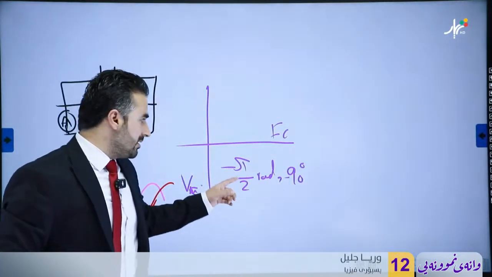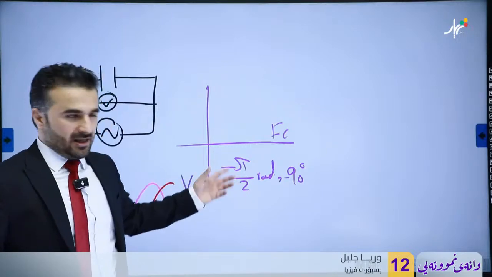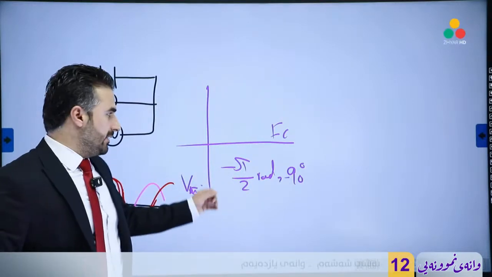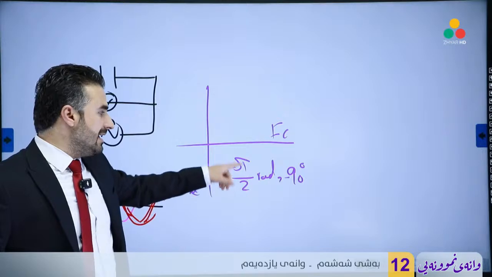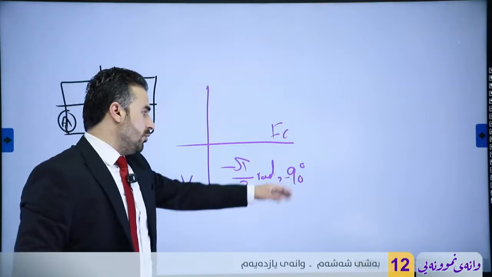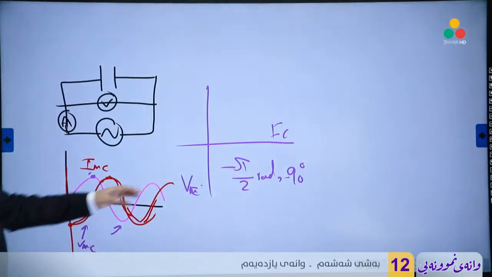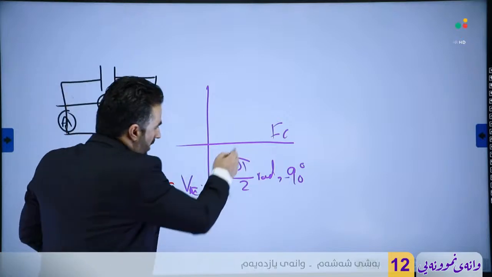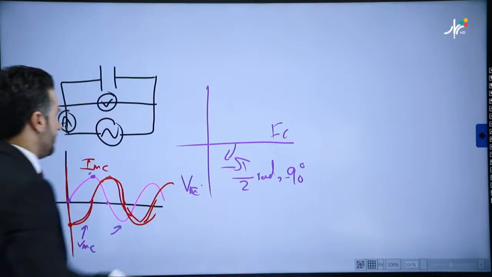By the way, if you say lagging, you don't have to say negative, because the term lag in itself means that it is behind, or negative by pi over 2 radians, or 90 degrees. This is the angle between the two.